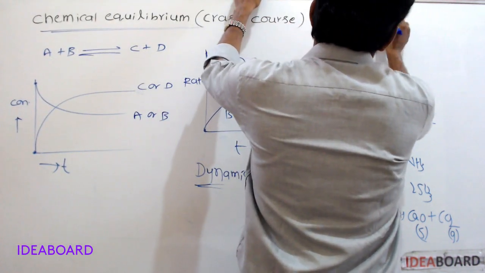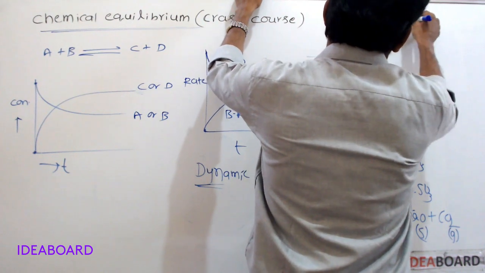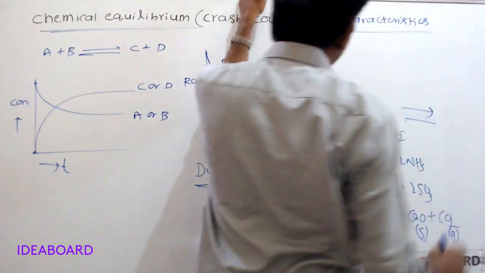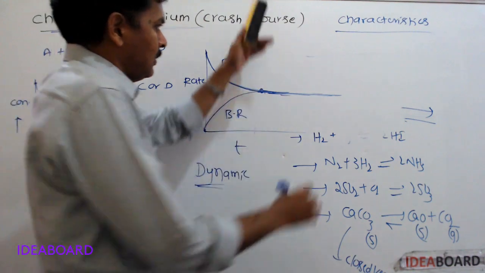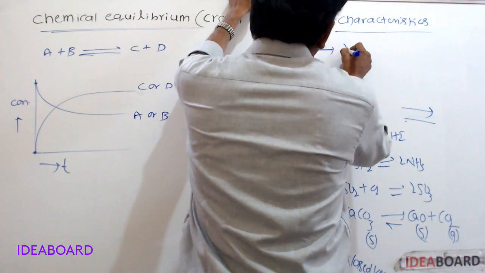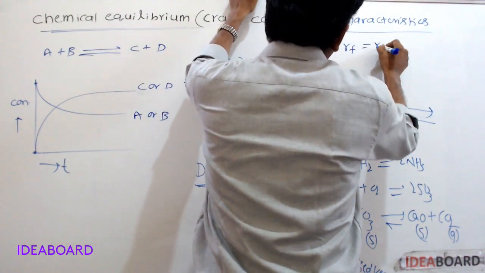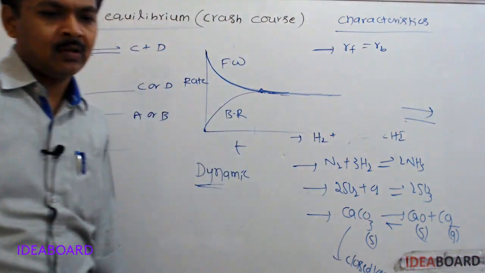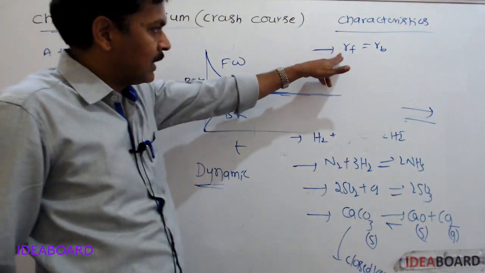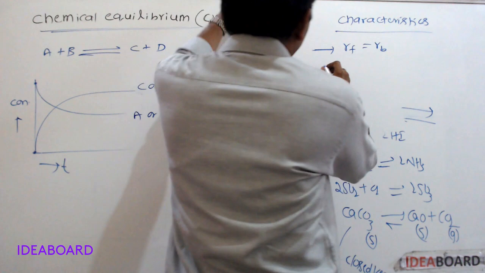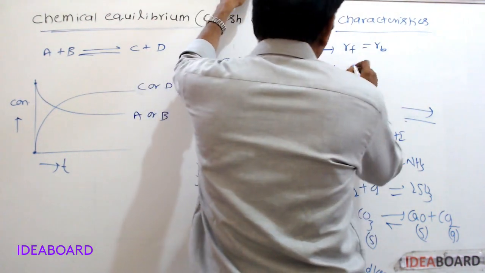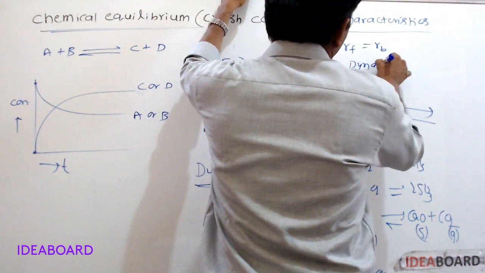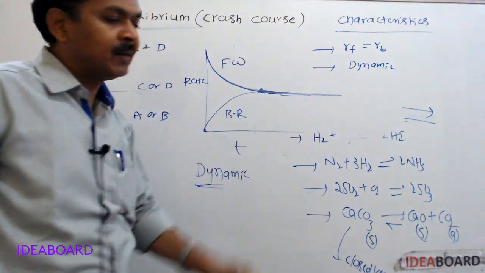Characteristics of chemical equilibrium. At equilibrium, the rate of forward reaction is equal to the rate of backward reaction. It is dynamic; the equilibrium has dynamic nature.